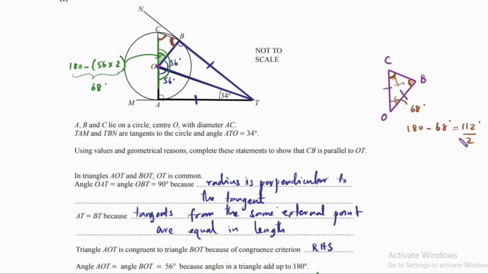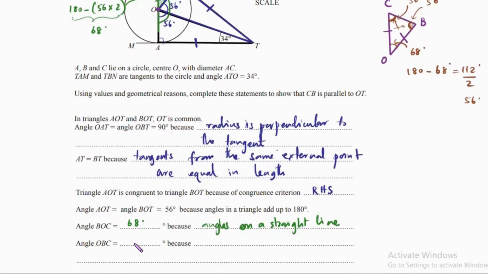When I divide this by 2, I get 56 degrees, which means this angle is 56 degrees as well as this angle is also 56. So now I know that this angle is 56. So I can write this as 56 degrees. And I need to write the reason as to why that is 56 degrees. So I can write it as angles in an isosceles triangle. So we can write it this way.